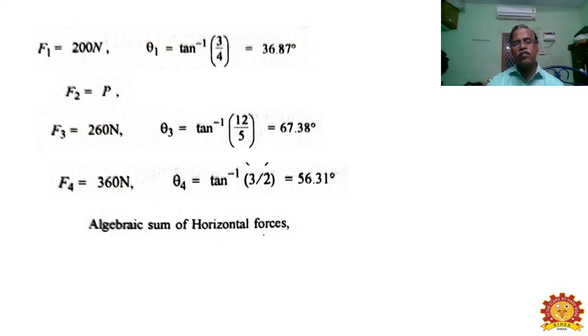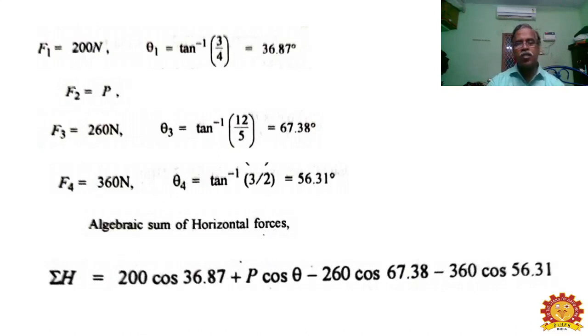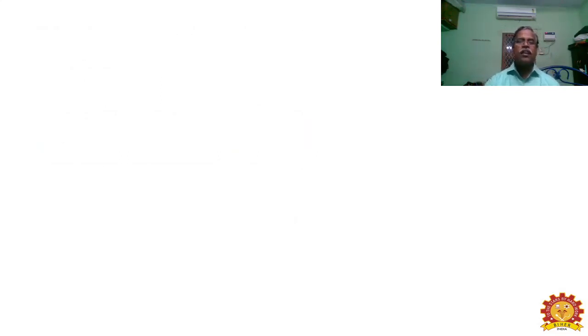That is what you are going to see. So now, as in the previous slides where you have done a similar problem, we can directly substitute the values. The algebraic sum of horizontal forces, sigma H, is equal to the value you are seeing on the screen now, with all these values being the horizontal components of the forces, and similarly you will get P cos theta is equal to 139.69.